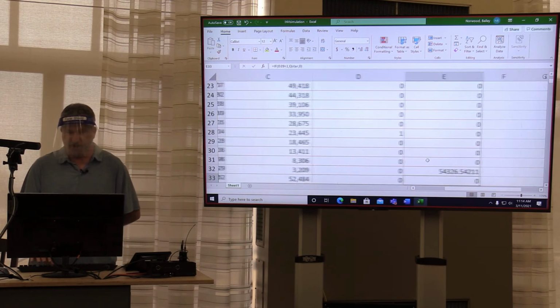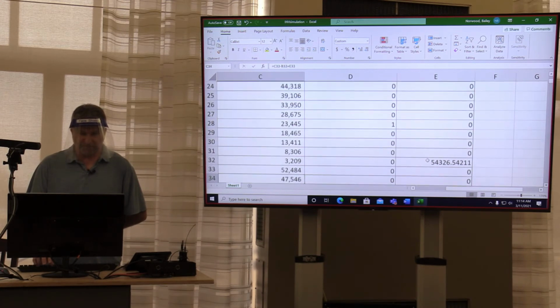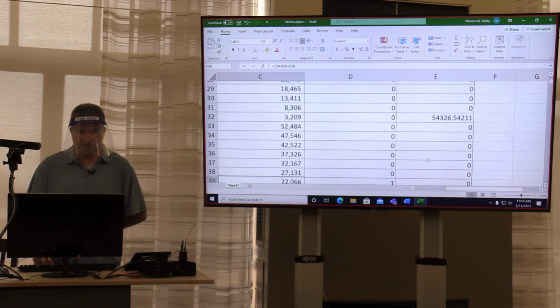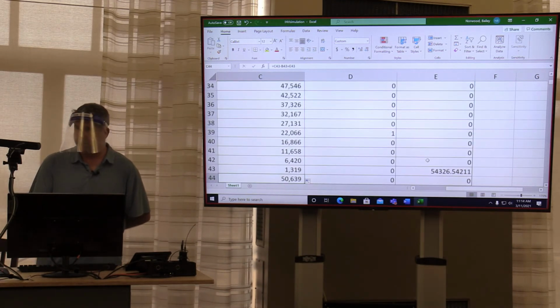And so that next day, our inventory goes back up. And so we have new inventory. We keep drawing it down. It crosses the threshold. We place an order. We keep drawing it down, and if we did things right, we shouldn't run out before the new order comes in.